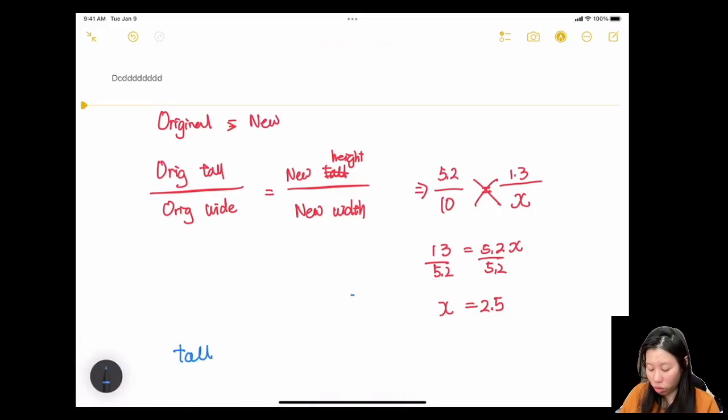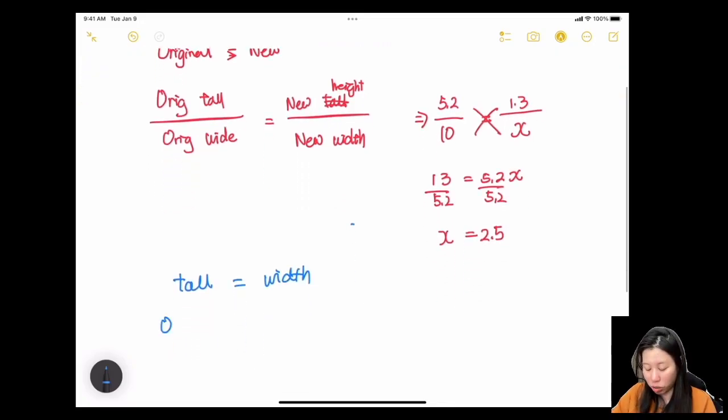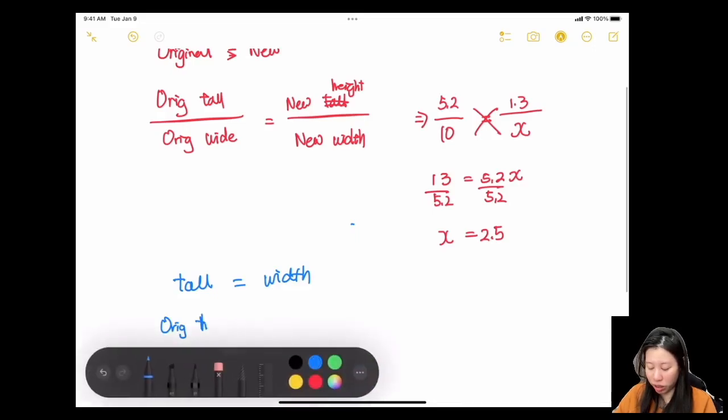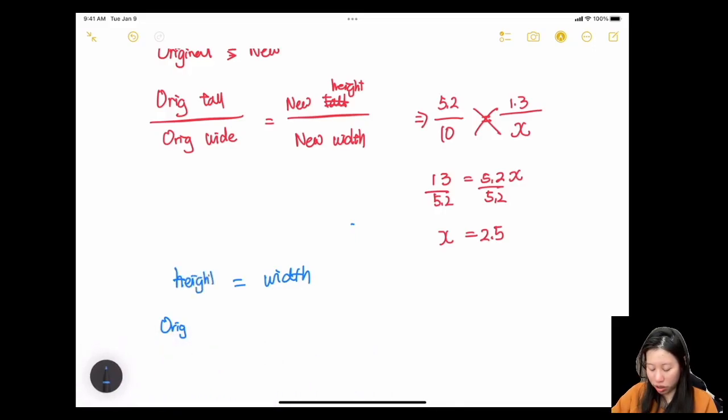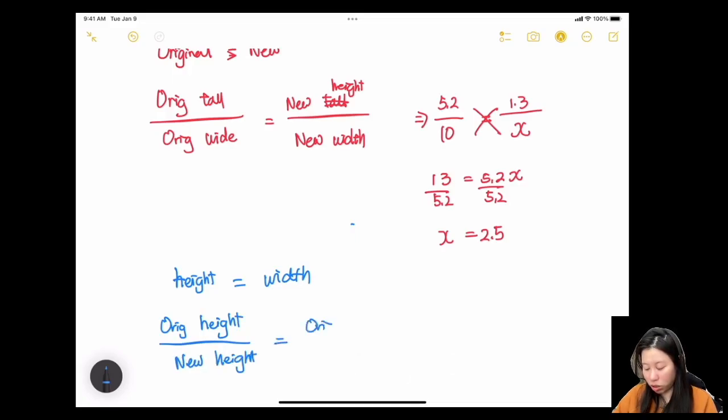You want the height to be in the same proportion as the width. So that means you want the original height over the new height equals the original width over the new width.